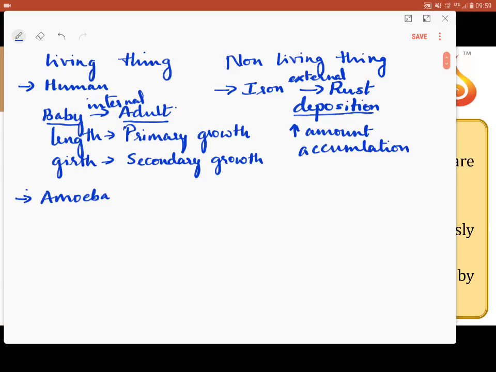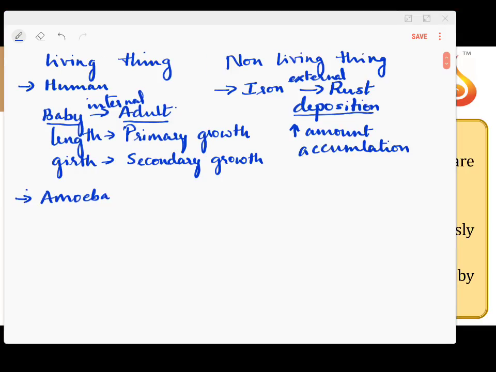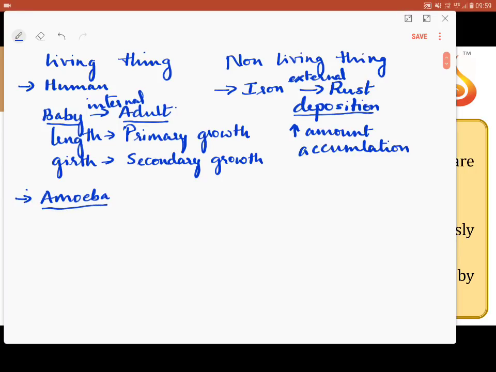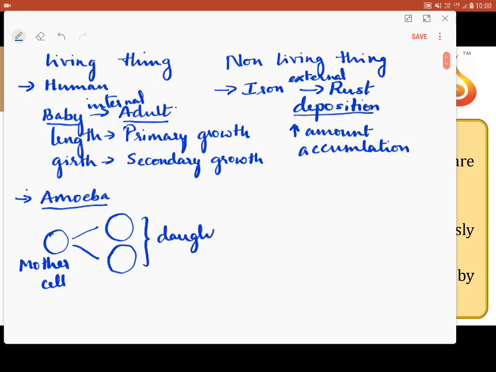I would like to take another example, amoeba or any unicellular organism. In this case, one cell divides to form into two cells. Now, this becomes the mother cell and these two become daughter cells. Surely we can see growth here also, because growth here is in terms of number.